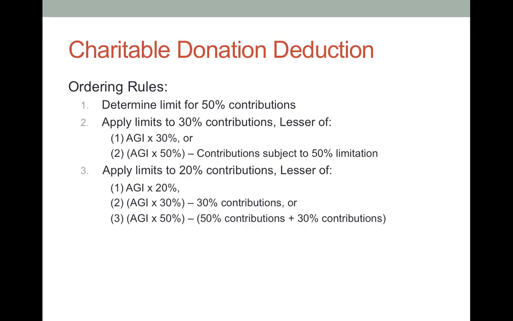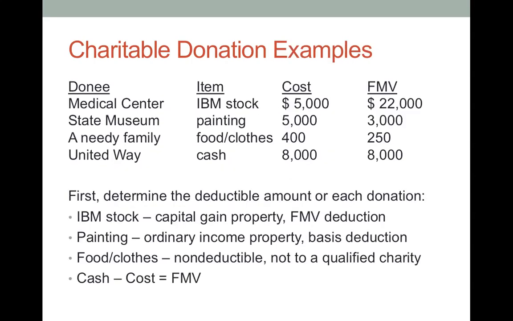So first you would maximize the amount you can deduct for 50% donations, then 30% donations, and then you look at the 20% donations. When we talk about the rules for 50 and 30% donations, I think you could go back and figure out how to apply the limitation for 20% too. It follows similar rules. This is how we're going to calculate the amount of the deduction.